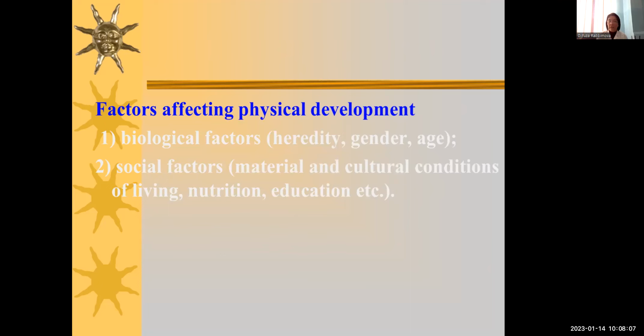Factors affecting physical development. These are two groups of factors: biological, unchangeable factors, they are heredity, gender, age, and changeable factors, social factors, material and cultural conditions of living, nutrition, and education.